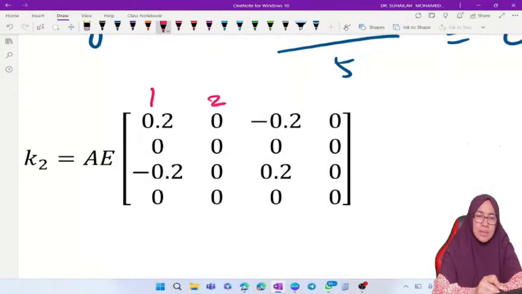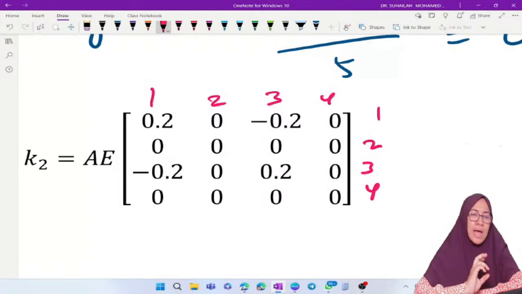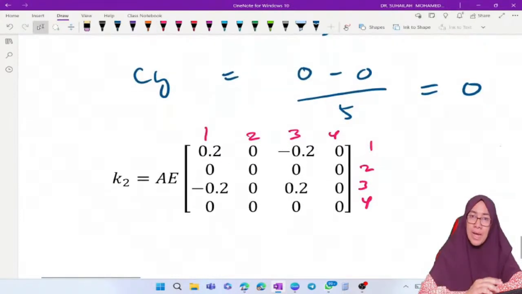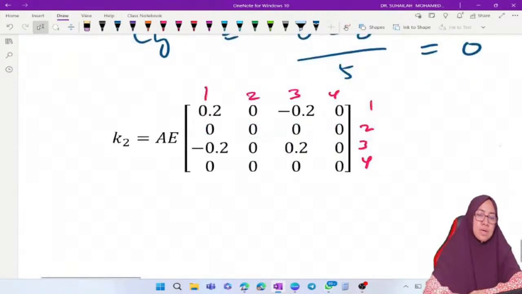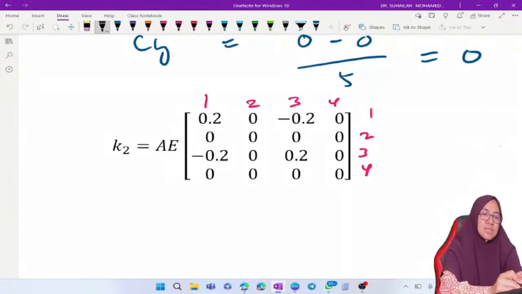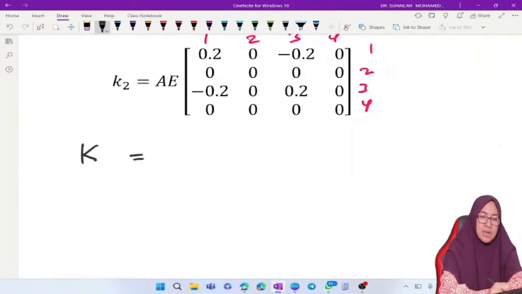So this is the stiffness matrix for element number 2. So now we have K1 and K2. Okay. And to produce the structure stiffness matrix, the structure stiffness matrix K capital is equal to K1 plus K2.